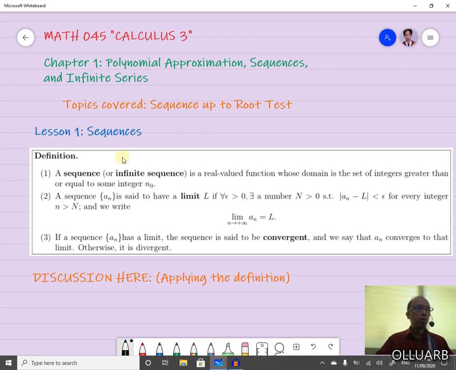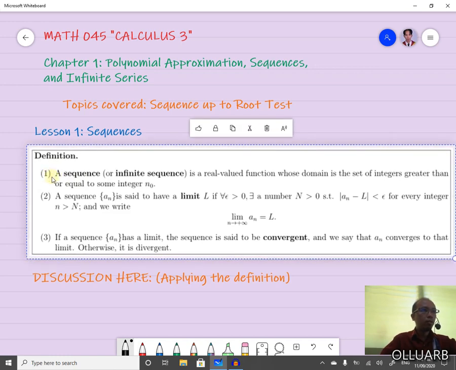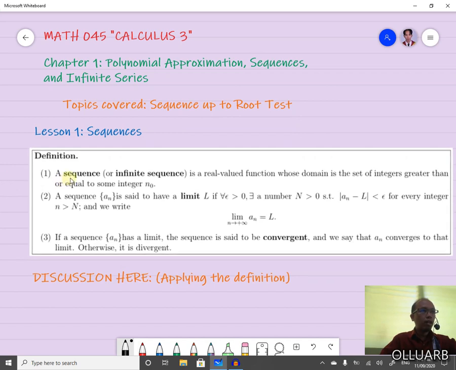Okay, so let's start. A sequence, as it says here in definition 1, a sequence or infinite sequence is a real valued function whose domain is the set of integers greater than or equal to some integer.